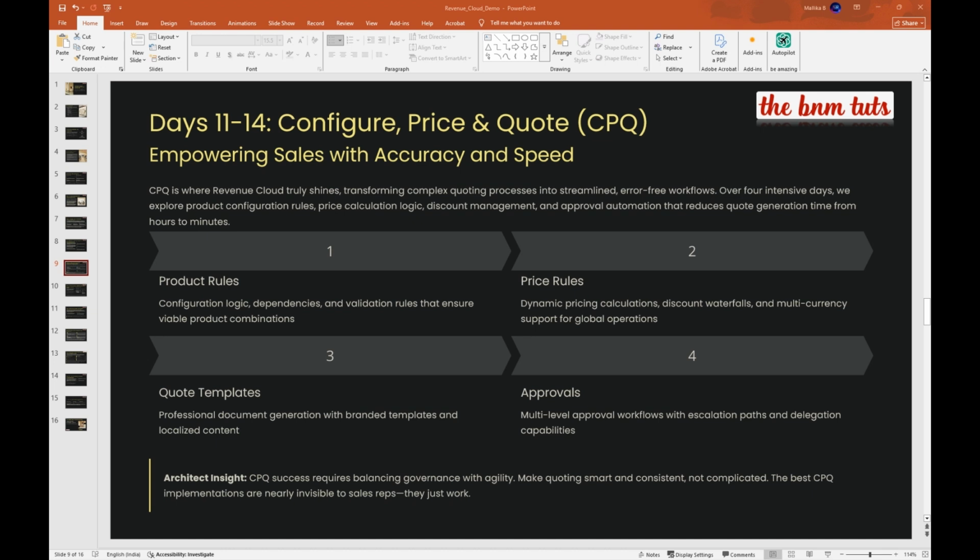We have to create branded and dynamic quote documents, and approval workflows depending on the business use case, and optimize performance, that is, managing large product catalogs, pricing rules, and quote line volume efficiently. All these will be explained with multiple use cases.